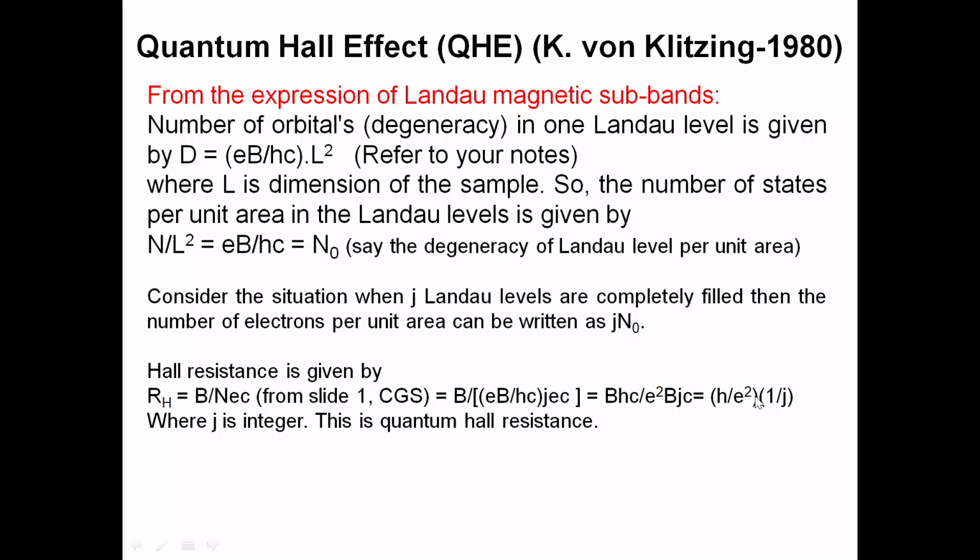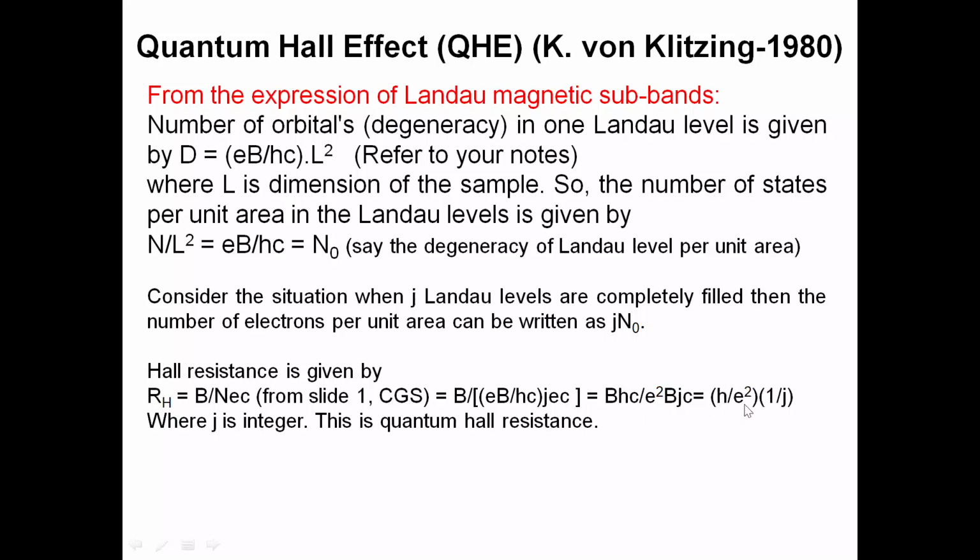So this will come out as h by e square, times 1 by J. J is the Landau state, so J is equal to 1, 2, 3, like that. It's like a quantum number, so this is an integer. Now you can see that your Hall resistance is an integral multiple of h by e square.